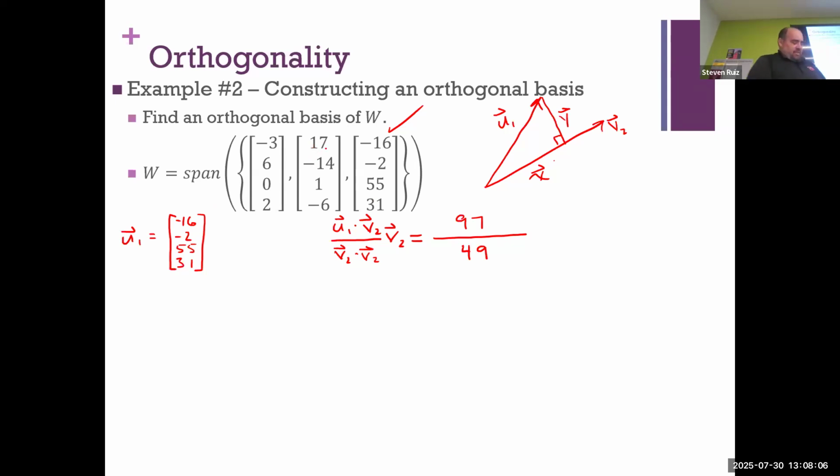I don't know what 16 times 17 is. For the denominator, I got negative 378.